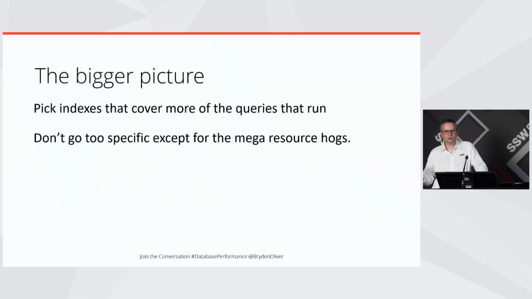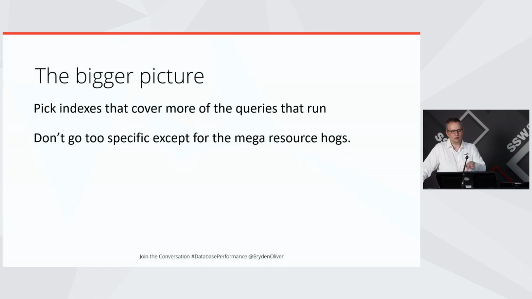The other thing to remember, and we saw that with that last one, is to pick indexes that cover more of the queries you're going to run. So rather than creating 10 indexes that are perfect for each of 10 queries, you might be able to get 2 indexes that give you reasonably good performance for all of them, and that would be better if you're doing a lot of inserts and updates of those tables than having 10 indexes.